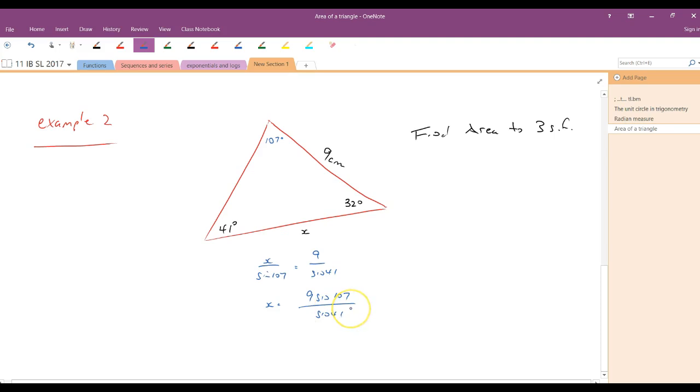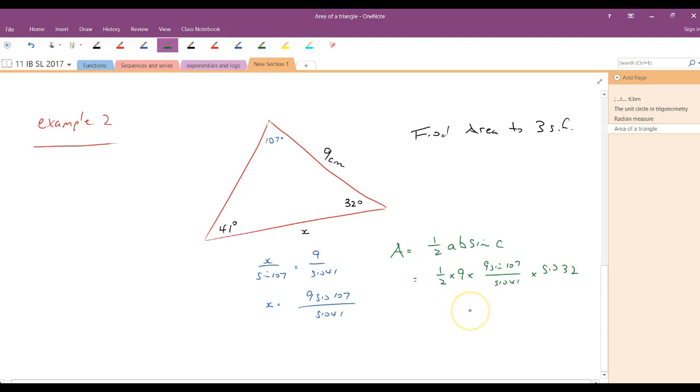I can go and calculate that, but actually I'm going to go straight into the area calculation, which is a half AB sine C. And now I've got x, so it's going to be a half times a, which is 9, times this value here, which I'm just going to write out: 9 sine 107 over sine 41, times sine 32.